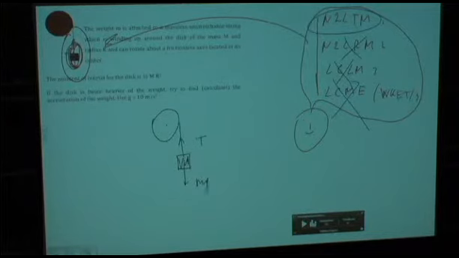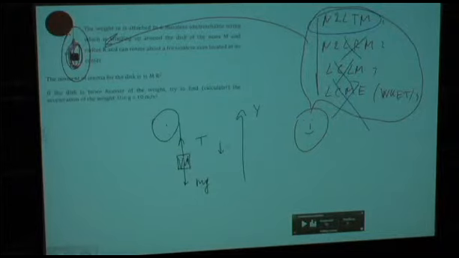The weight doesn't rotate. It travels vertically, straight down, no rotation, no collisions. Two forces acting on it, force of tension and force of gravity. Tension, gravity. So, positive direction.